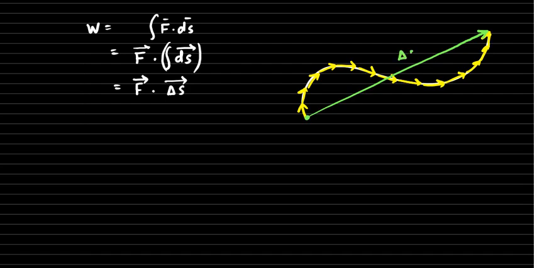So this is the total displacement, which is essentially the shortest straight line distance between the initial and the final point. So this is the work done expression that we use for a constant force, a force that is constant in magnitude as well as direction.